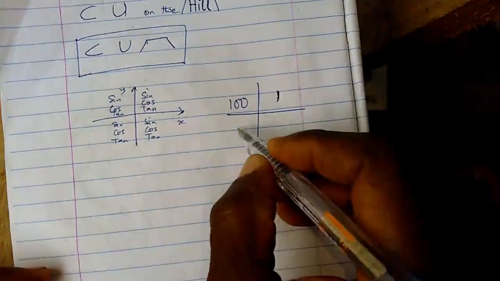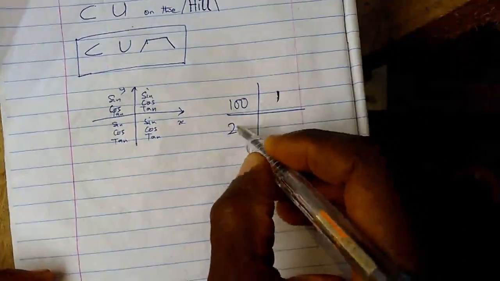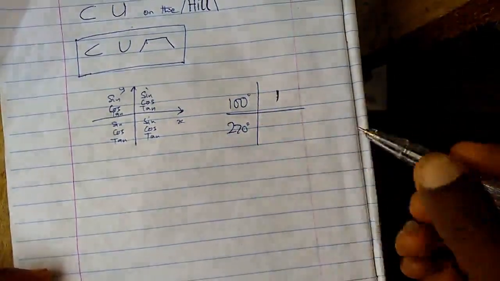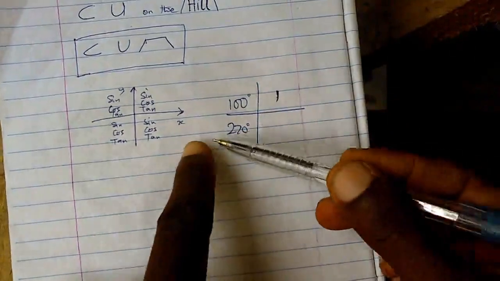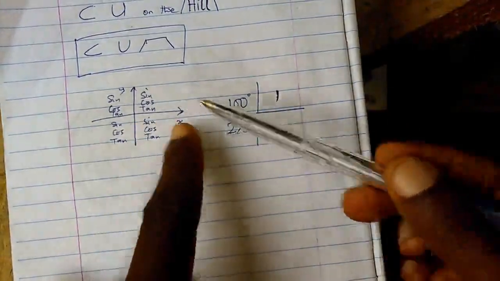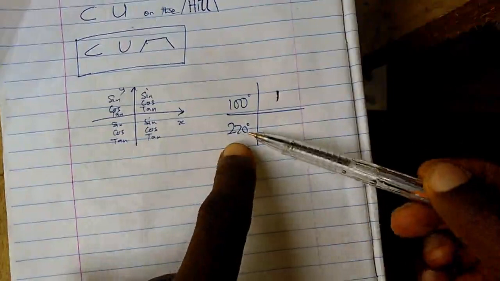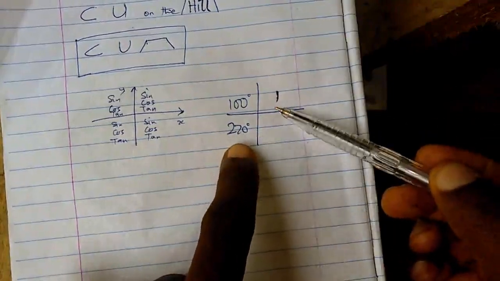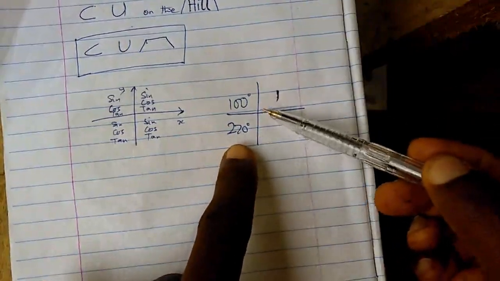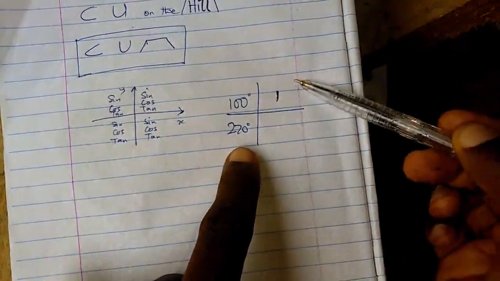If you have 220 degrees, whether sine 220, tan 220, or cosine 220, the result is always similar to the result of a particular angle in the first quadrant.